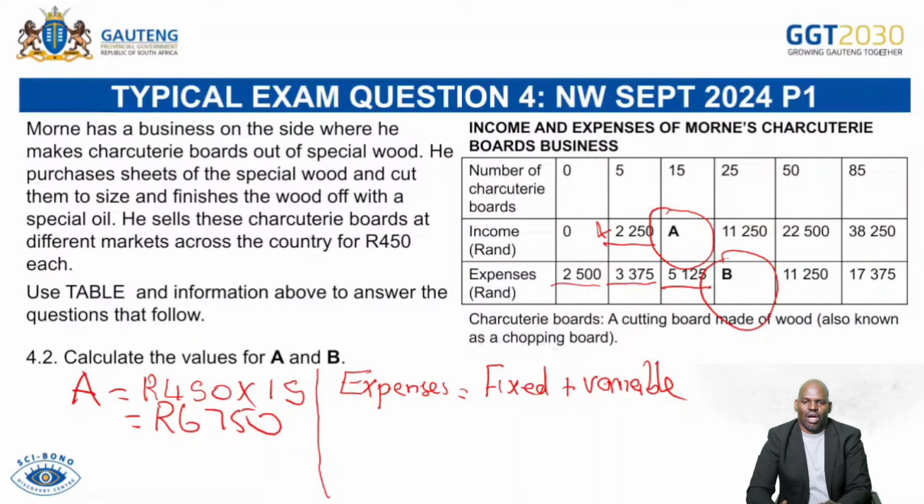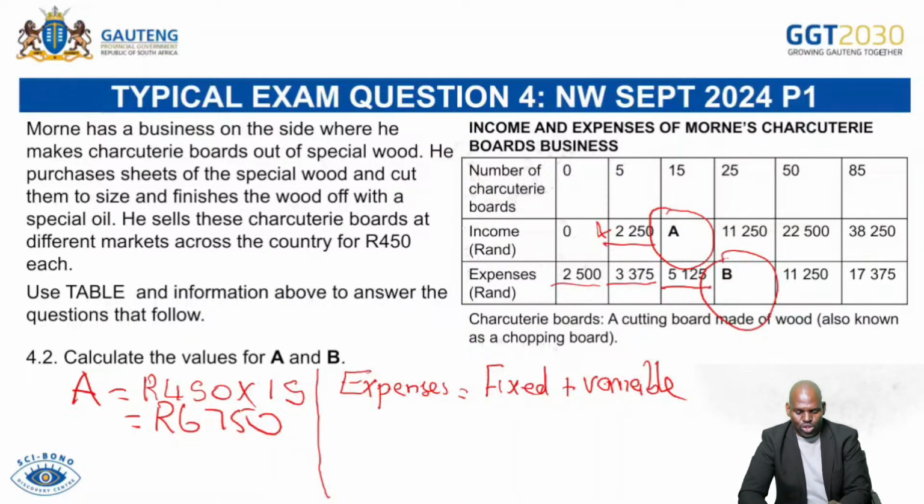Fixed expenses, it is those expenses that remain the same. It doesn't matter how many items you buy or how many items you sell. So in this case, we can see that if the number of boards is 0, the expenses are 2,500.